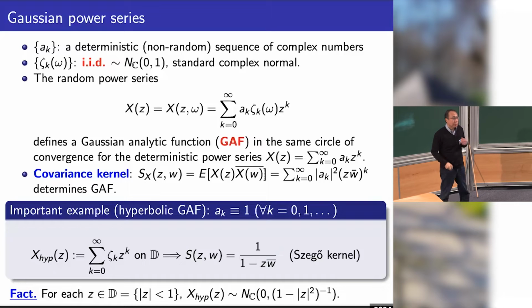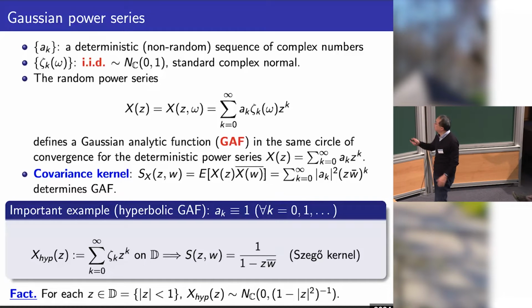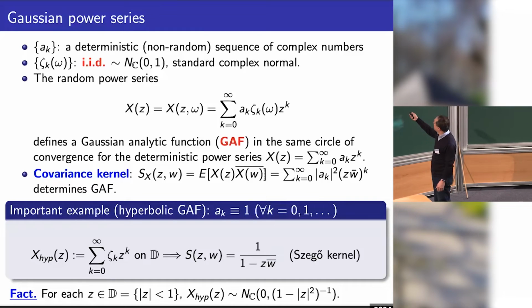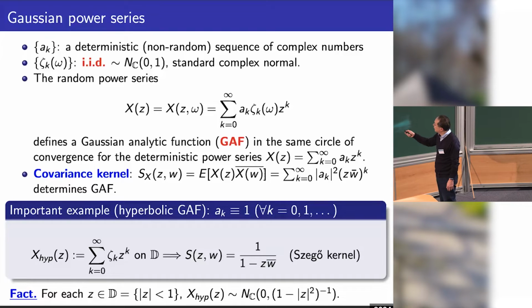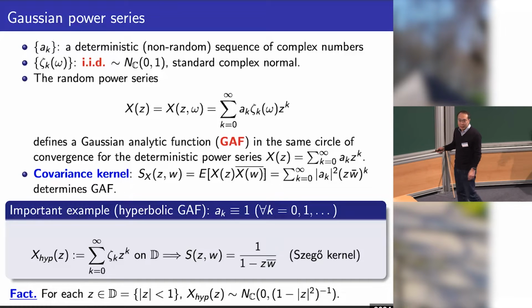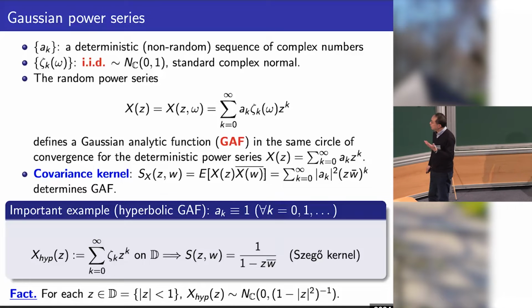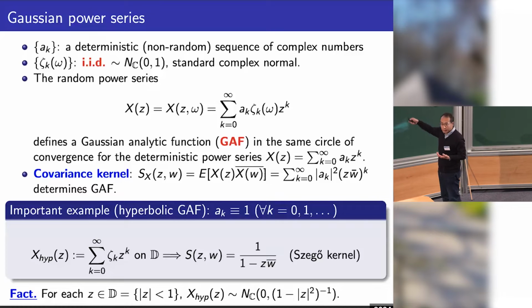And for a Gaussian process, the covariance kernel determines everything, so this is a very important kernel. In this case, if you remove zeta_k, the convergence radius is just 1, so the zeros are sitting in this unit disk. Of course, the zeros are random, so we are considering a random point process on this disk.